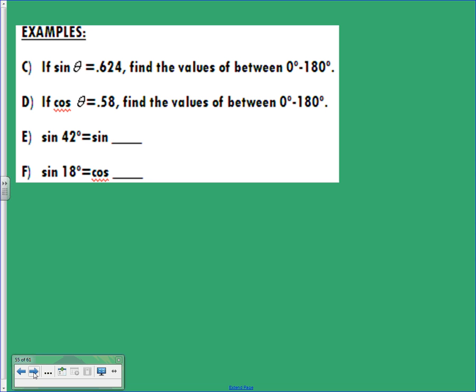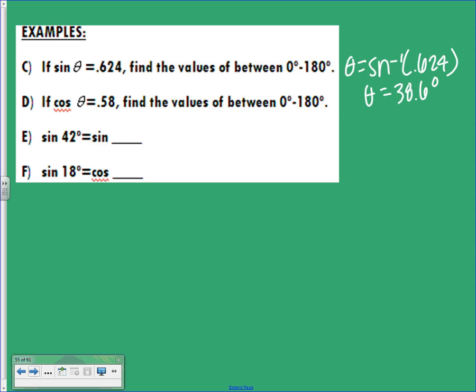So here's some examples. If I know the sine of theta is a decimal that's not on our unit circle, 0.624, find the values between 0 and 180. Well, if I just wanted to find theta, hopefully you would remember that we would do the sine inverse of 0.624. If I do that, I'm going to get 38.6 degrees.